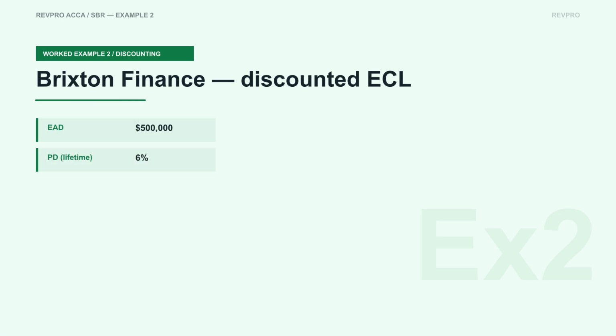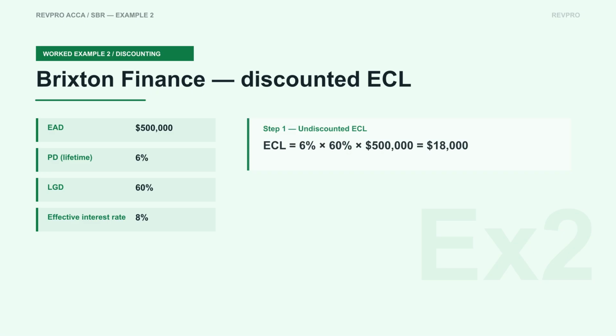Lifetime PD of 6%, LGD of 60%, and an effective interest rate of 8%. First, calculate the undiscounted expected loss. 6% times 60% times 500,000 equals $18,000. If the cash shortfall is expected at the end of year 3, discount it using the effective interest rate.